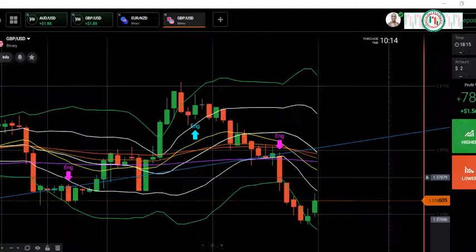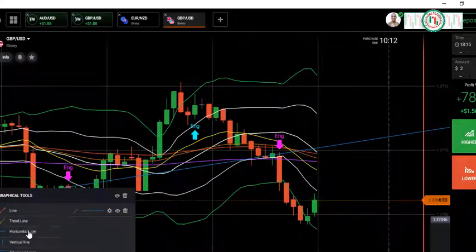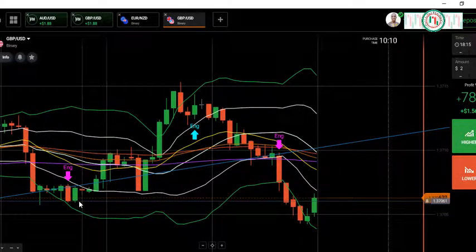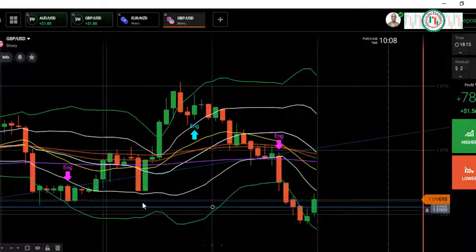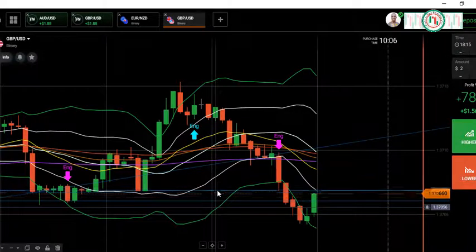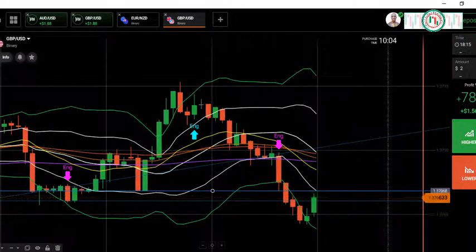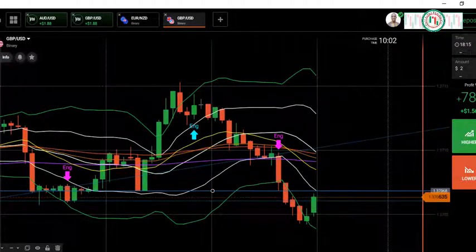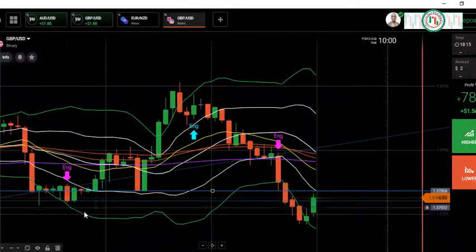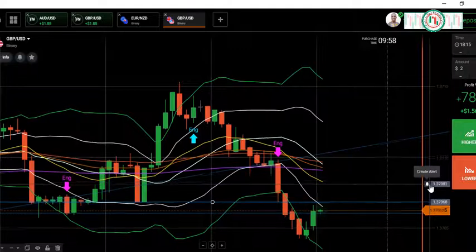And this is another strong level here, maybe. And here it's a strong level.